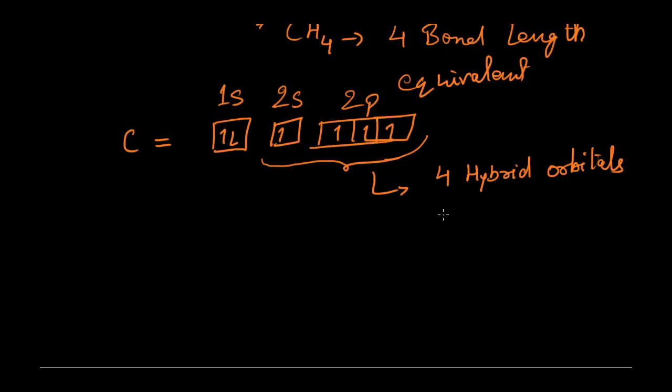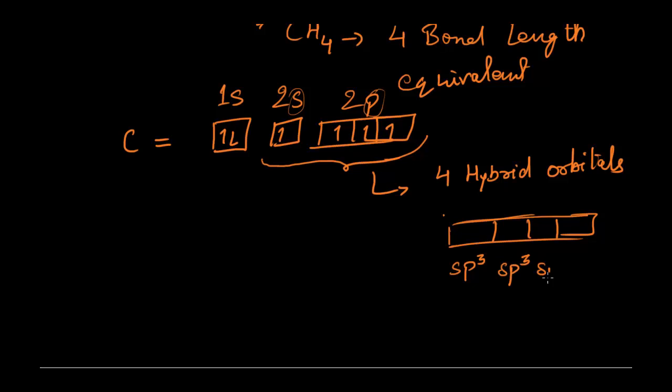They are of equivalent energy, which looks something like this. So here I have four hybrid orbitals and I'll call them sp3. Why sp3? Because there is one s orbital and three p orbitals. So I have four sp3 hybrid orbitals here, and one electron each. These are unpaired electrons, one in each of the hybrid orbitals.